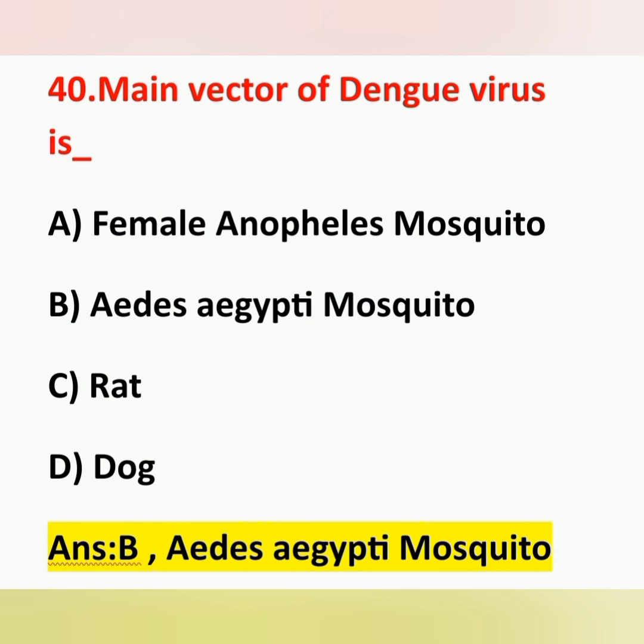The reservoir of this dengue virus is man, both man and mosquito. The transmission cycle is man to mosquito, mosquito to man, man to mosquito. The Aedes aegypti mosquito is the main vector for transmission of dengue fever. Here option B is correct.